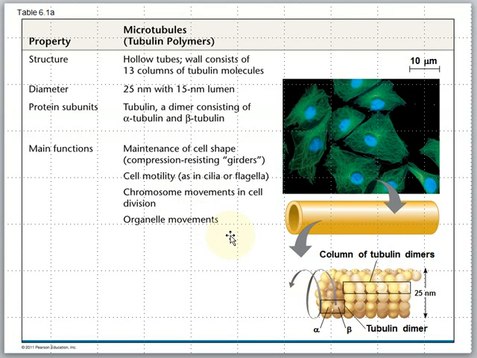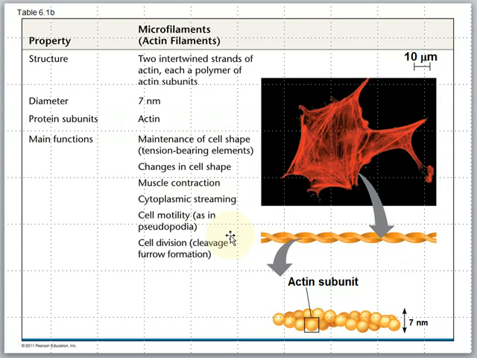Here are the thinnest and smallest of the structures we're going to look at, called the microfilaments. They're also called actin filaments because they're made out of a protein called actin. It's basically a strand of two intertwined actin polymers. So it reminds me of a rope or a chain that's made up of two fibers intertwined together.